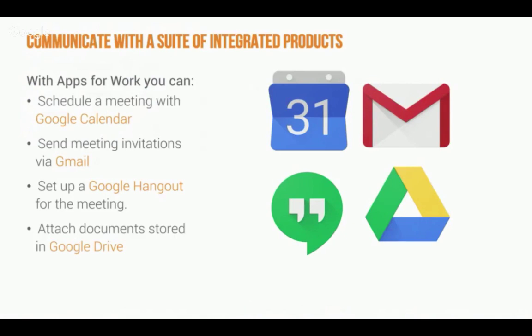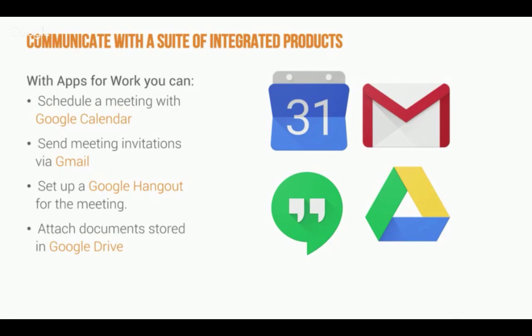So the biggest value sell, if you want to call it that, with Google Apps is that all of these respective pieces, Gmail, Calendar, Google Docs, Google Hangouts for voice chatting, and Google Drive all integrate together. They're all stitched together on the web, meaning that these tools are built to work within one another.